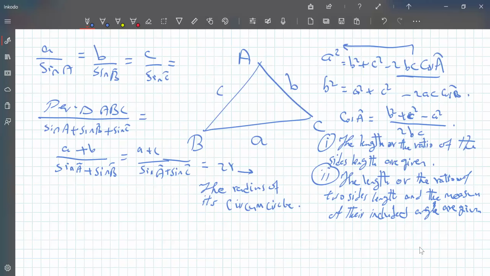Okay, we can use the cosine rule to find طبعا the length of the third side.